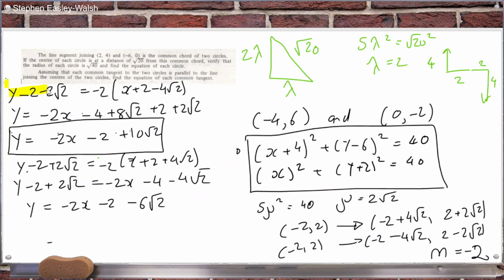Y minus 2 root 2 equals minus 2 times x plus 2 minus 4 root 2 plus 8. And then this one here, y minus 2 plus 2 root 2 equals minus 2 times x plus 2 plus 4 root 2.